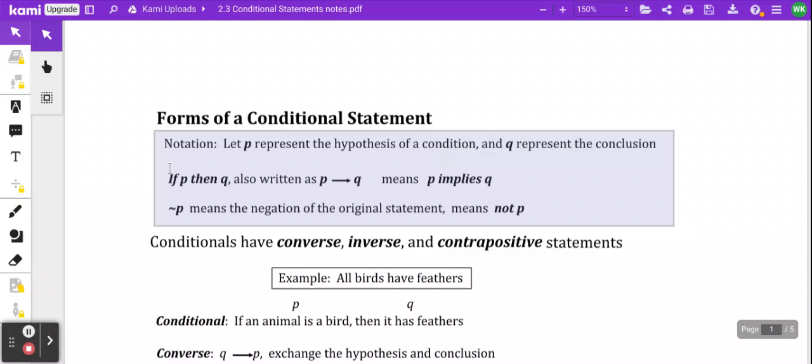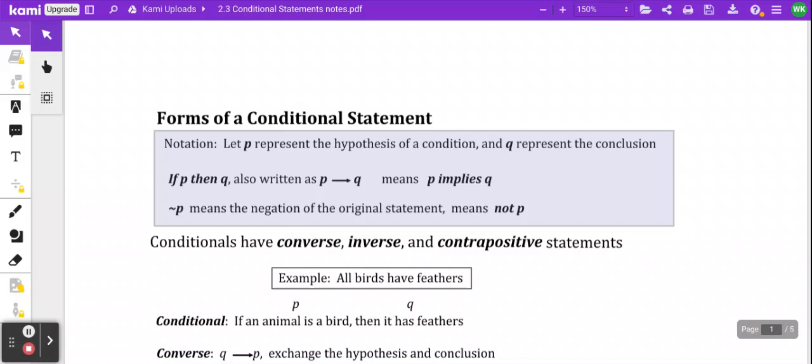I can rewrite if P then Q as P arrow Q, which technically means P implies Q. We can also negate a statement, and this little symbol means not, so negating P gives not P. Conditional statements have converse, inverse, and contrapositive statements.